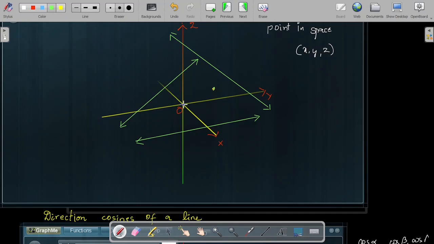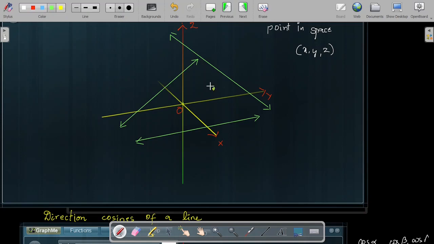The frame of reference in space is taken as the Cartesian coordinate system with three axes, because three dimensional means there are three dimensions: length, breadth, and height. Two dimensional is just length and breadth, only two dimensions. In that case, we have two axes, x-axis and y-axis.